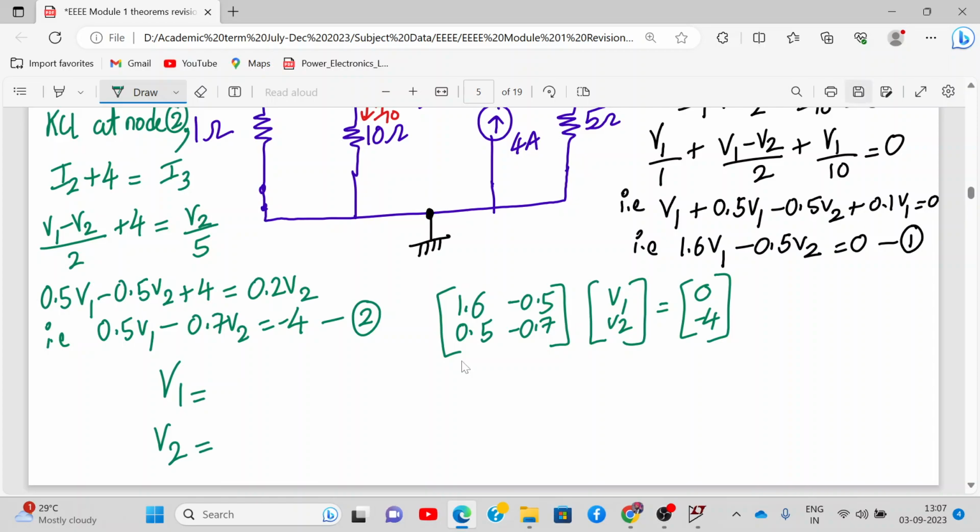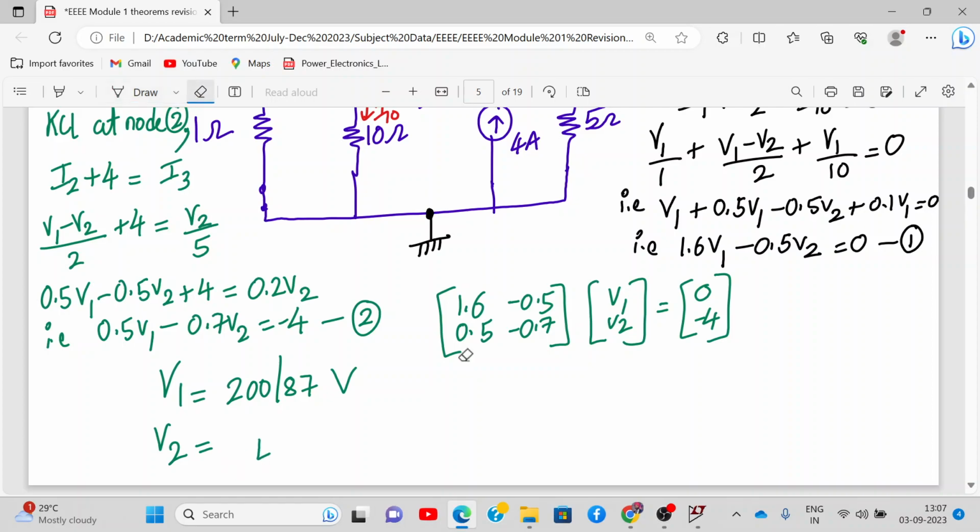You're almost 2-3 minutes away from solving this. Yes, sir. V1 is 200 by 87. Yes, that's correct. And V2 is 640 by 87. Perfect, 640.